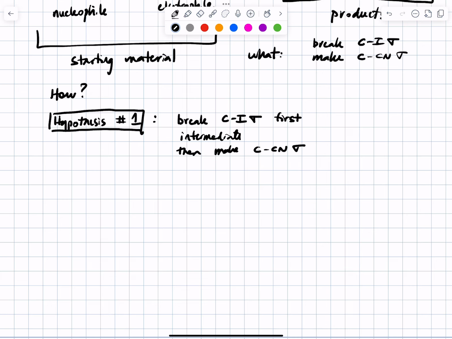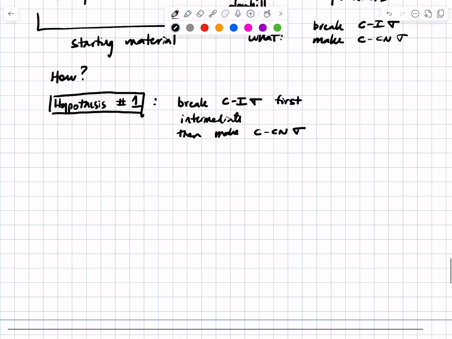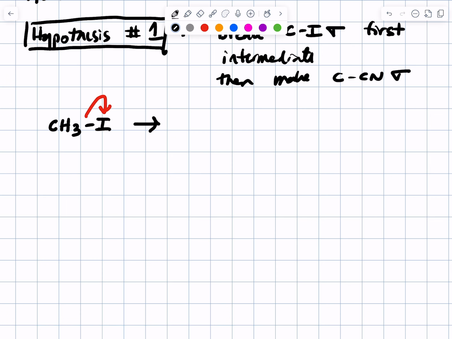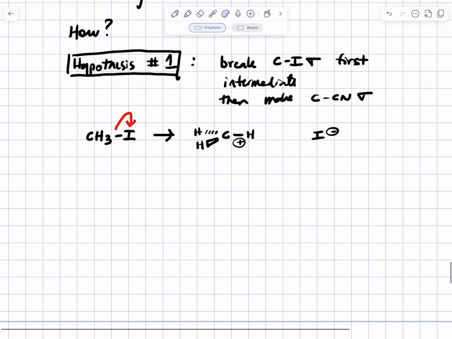At the end I'm going to show you what the data actually say, but for right now we're just making predictions, okay? So for this option we break the C-I bond first. That would look like this. We would get an intermediate, and that intermediate would look like a positively charged carbon and then I minus, okay?